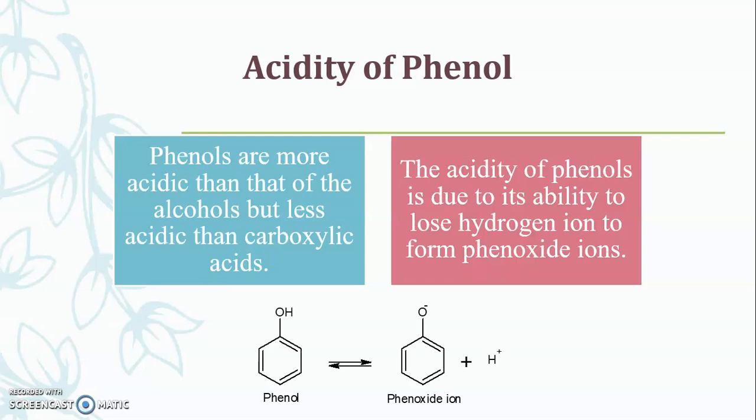And this is the reason why the phenols are acidic, while in case of the aliphatic alcohols, as they are not involved in the electron donating resonance effect, the bond between oxygen and hydrogen is quite strong, and in that case hydrogen is not lost, and that's why alcohols are not acting as acidic compounds.